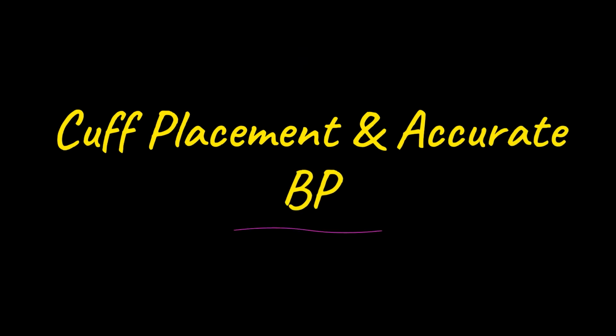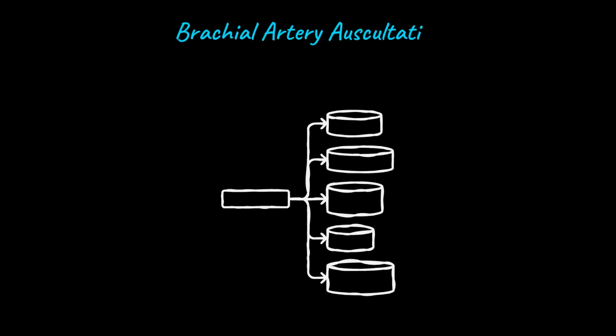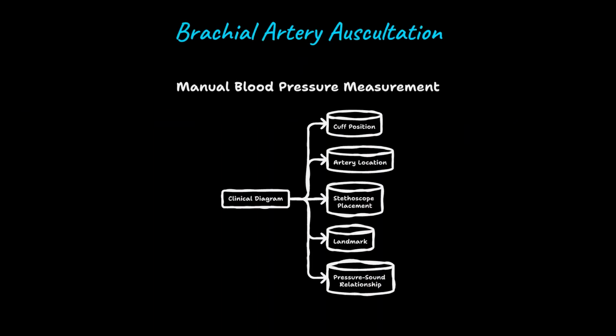Manual blood pressure measurement depends on the cuff transmitting pressure cleanly through bare skin to the brachial artery. Any clothing between the cuff and skin disrupts that transmission and shifts the recorded numbers away from the patient's true arterial pressure. The cuff wraps snugly around bare skin 2 to 3 centimeters above the antecubital fossa.